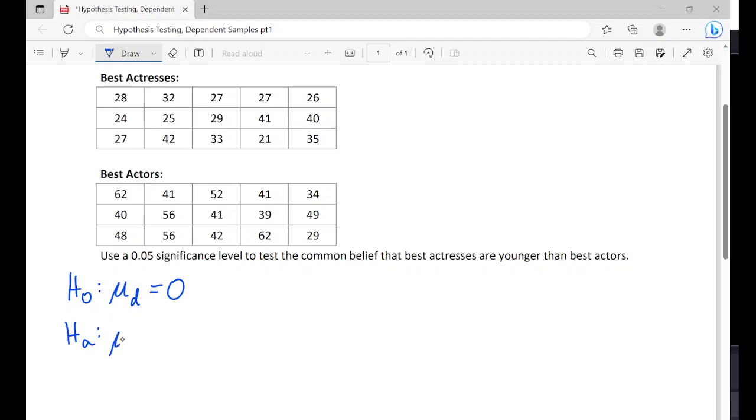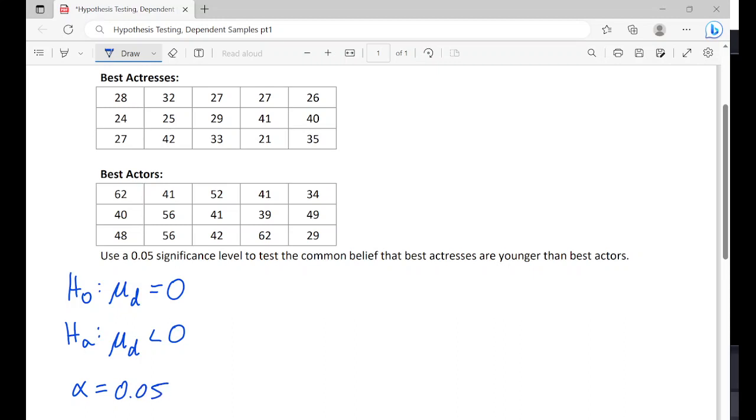And then for the alternative, mean difference comes from right here. The common belief that the best actresses are younger, or less, because it's here, younger, less than in age. And our significance level, alpha, is 0.05.